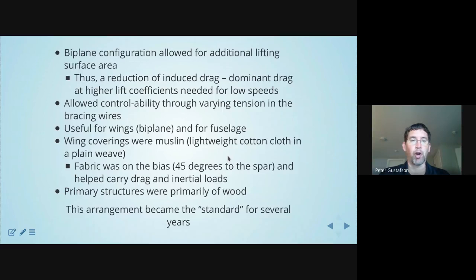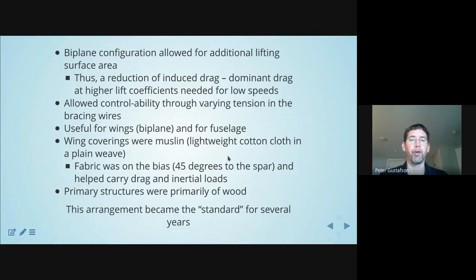Okay, so a few more comments on the Wright brothers. So the biplane configuration, in addition to having structural advantages, that is separating the load-carrying surfaces, allowing the truss structure to carry bending moments more efficiently, it also provided for additional lifting surface area.